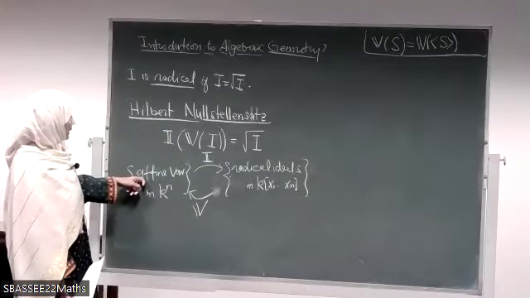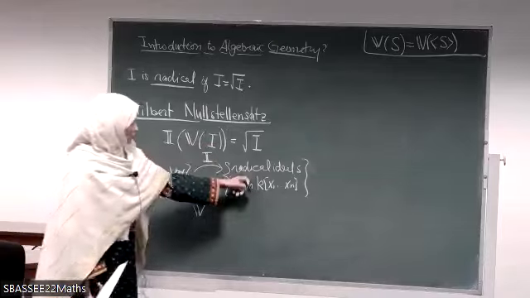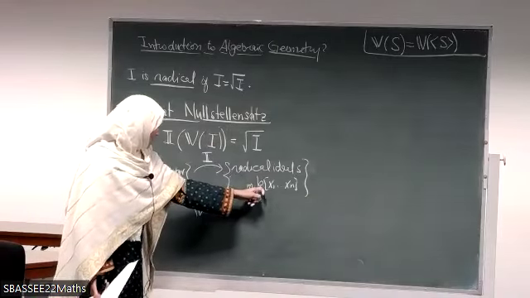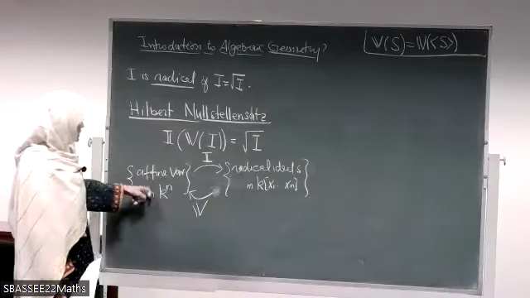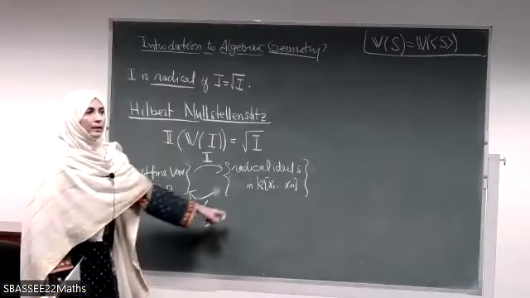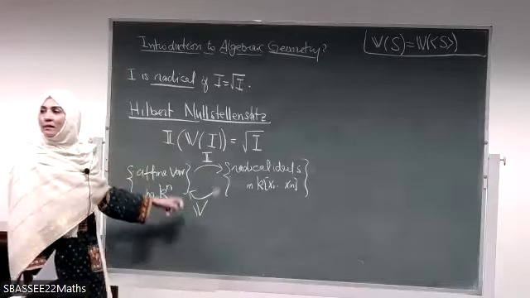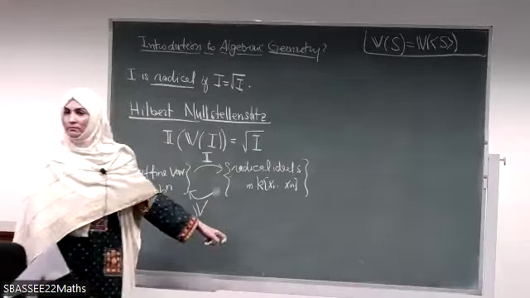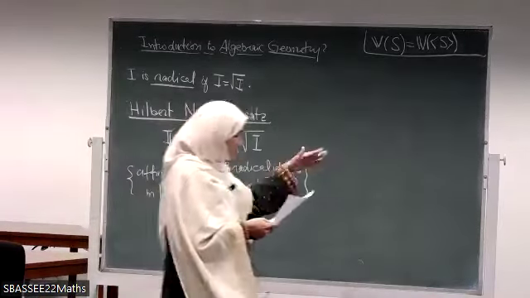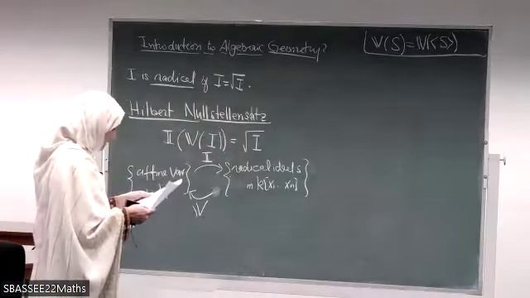Here I am taking an affine variety, and it goes to a radical ideal, and the radical ideal goes back to the affine variety. So they are inverses of each other, and this gives you a one-to-one correspondence between them.